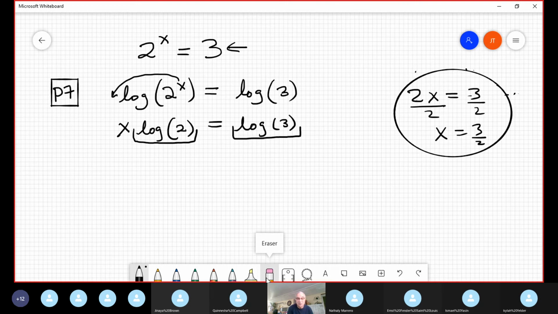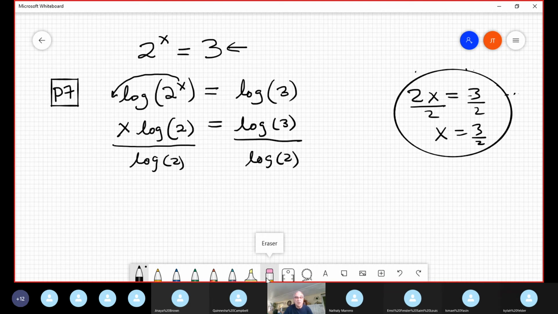Well, this number we can compute using the calculator. So I don't care if it's weird. It's just a number. And you divide both sides by log of 2. Now this cancels out. x is equal to log of 3 divided by log of 2.